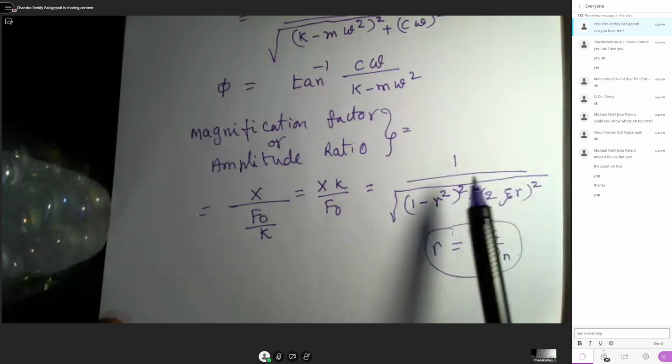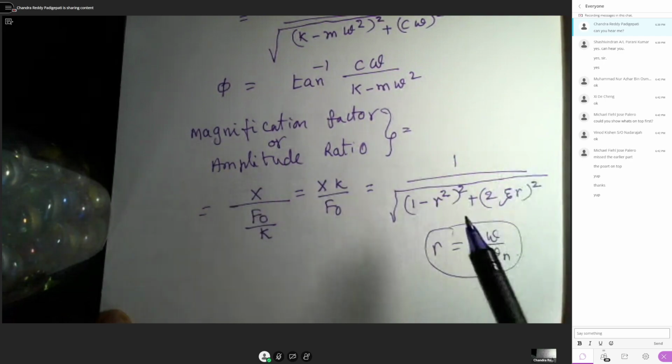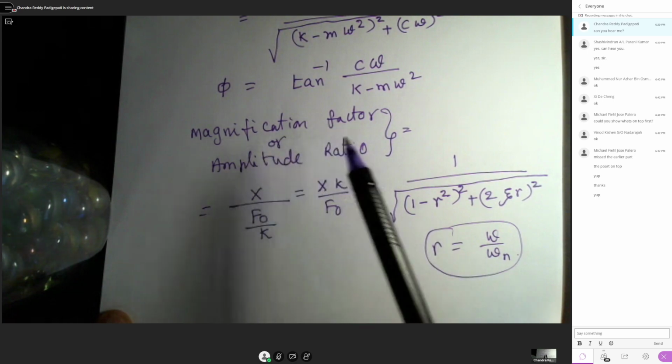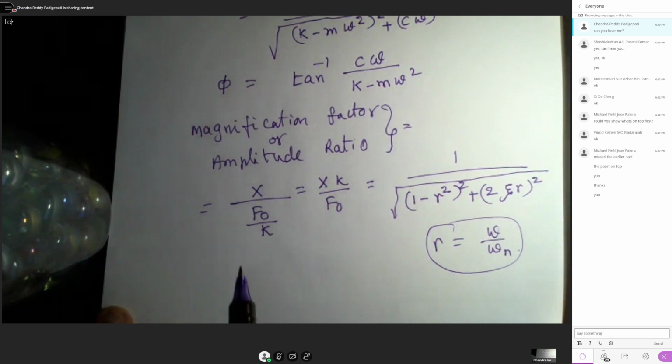Okay, so this is an important expression to know the magnification factor, or what is the increase in the amplitude due to the external force which is contributing to the vibration.